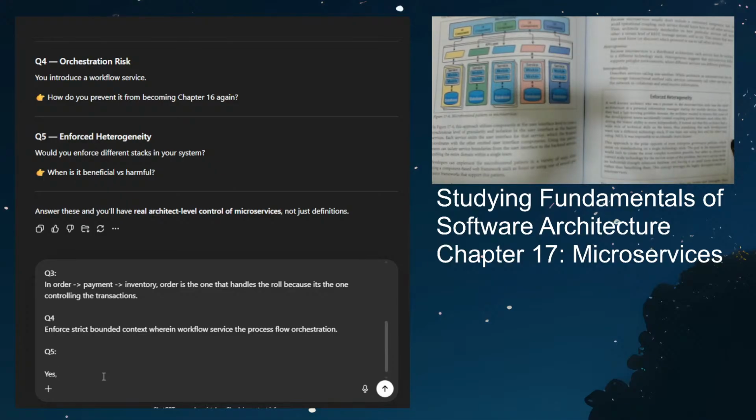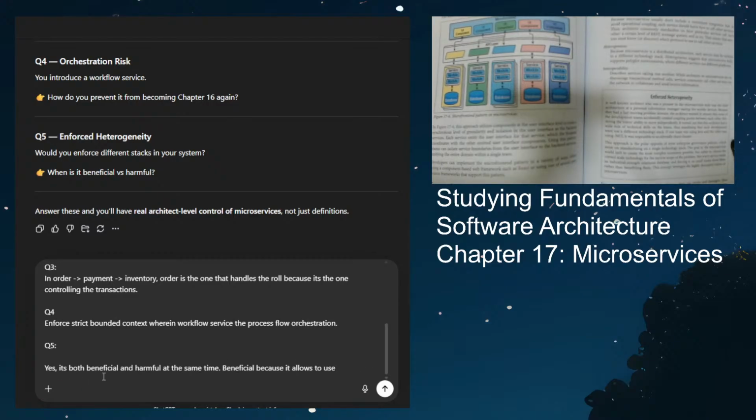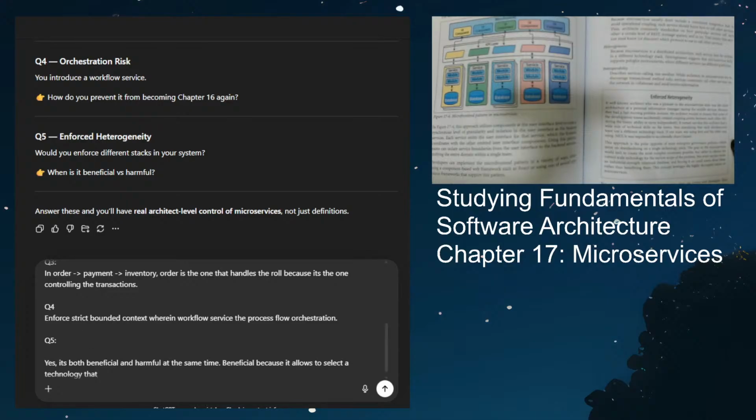Is it beneficial versus harmful? It's both beneficial and harmful at the same time. Beneficial because it allows us to use different technologies, to select a technology suitable to the development. I need to read it again.